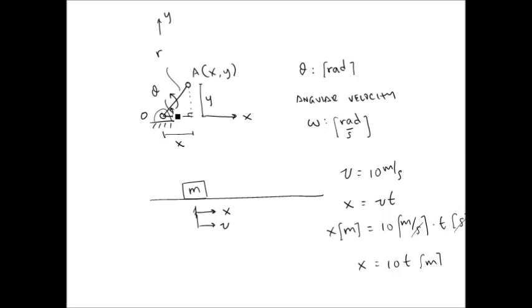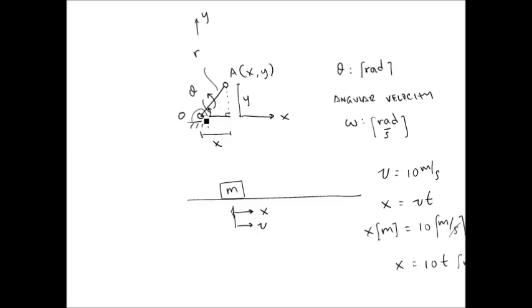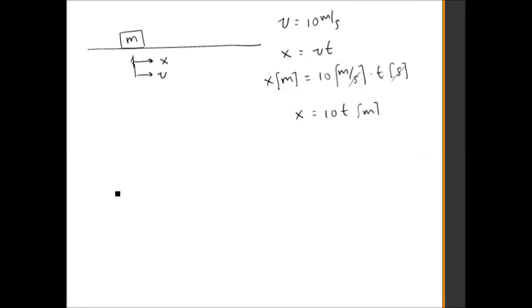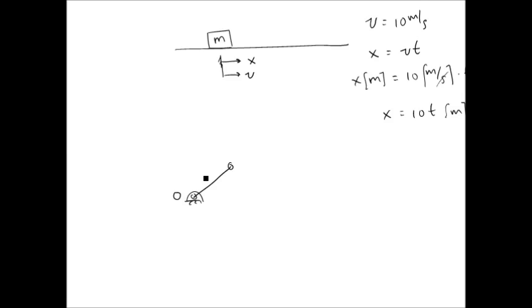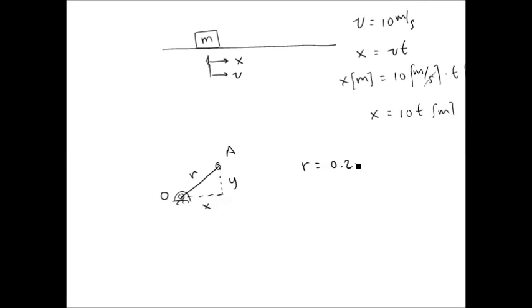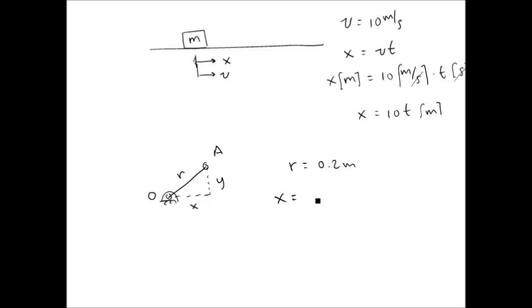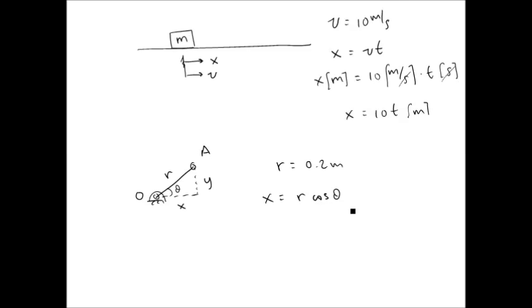All right, so if I'm going to imagine this crank rotating at a constant speed, come back down here and I'll redraw it. So here is a fixed point O, a distance r, here's point A, here's the x coordinate, here's the y coordinate. Suppose I set r equal to 0.2 meters. X is going to be r times cosine of theta.